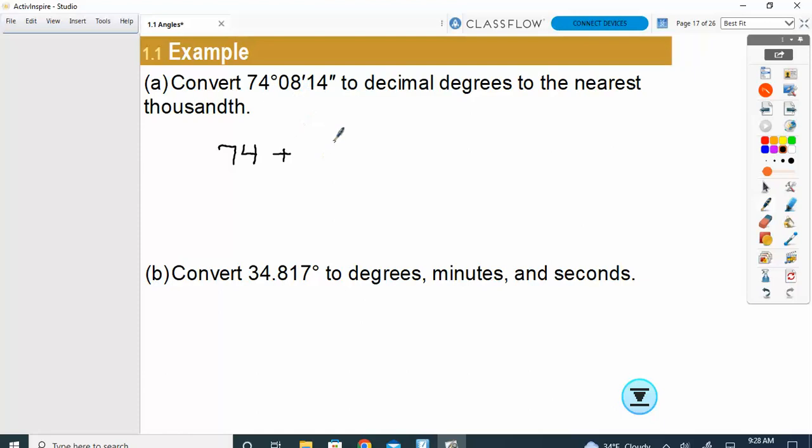We have 8 minutes, so there are 60 minutes in a degree, so we'll do 8 divided by 60. 14 seconds. There are 3,600 seconds in a degree, so we divide by 3,600. And you should get, I said nearest thousandths, so 3 decimal places, 74.137. And then put your degrees in. Is that one good? I love what you typed in. Oh, you have all the work.